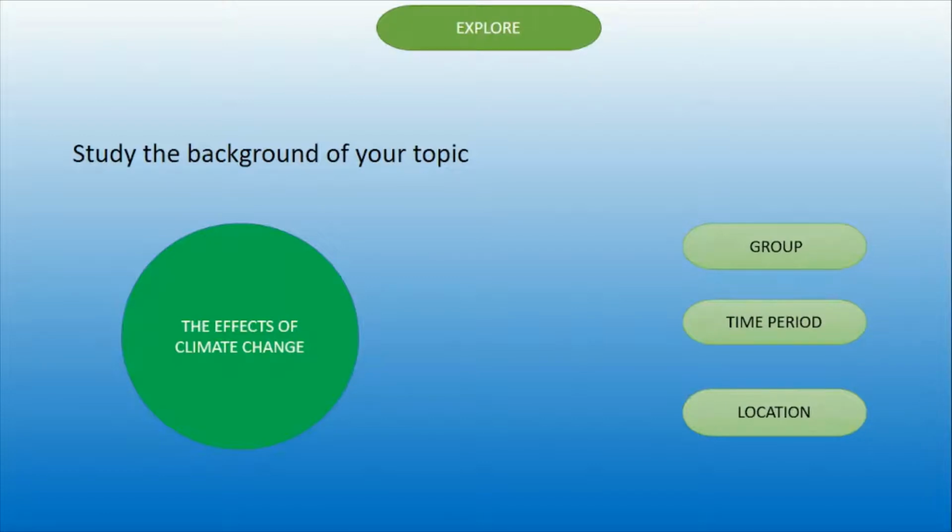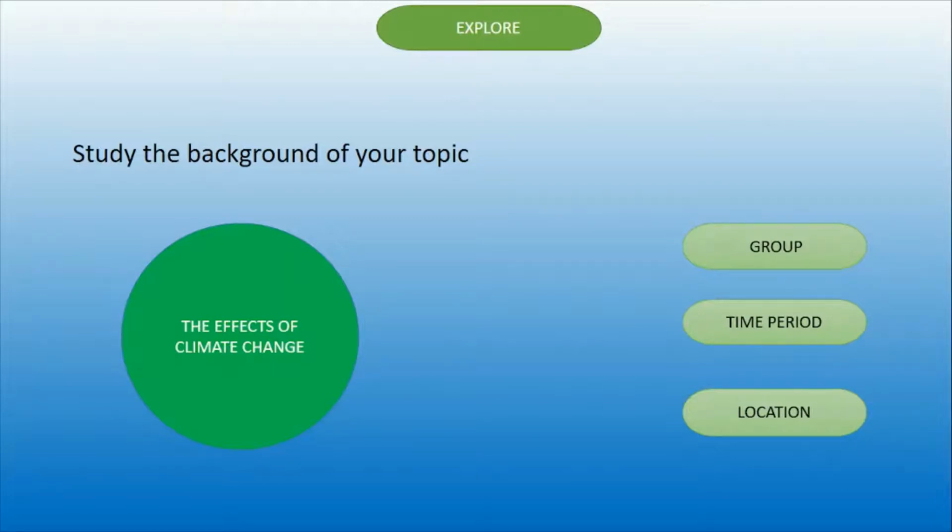Or maybe did they study the effects of climate change, say on some other group, or maybe on a certain tribe, or on a certain group of animals? For example, say you find that little has been written on the effects of climate change on polar bear habitats, just an example.